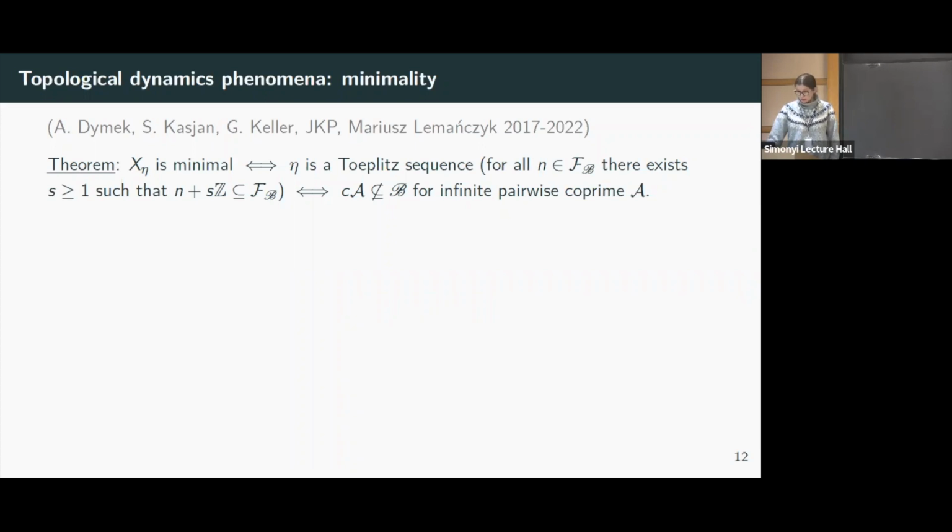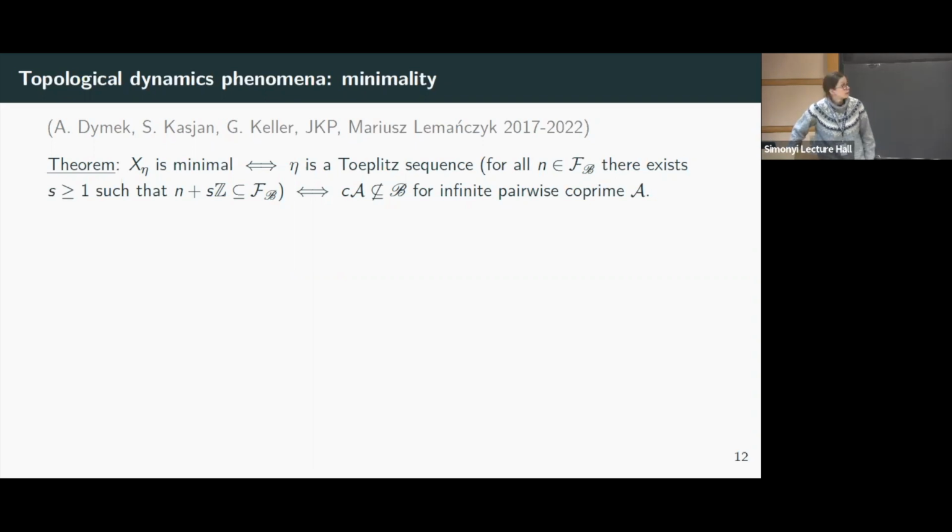And there is one more condition here. X_eta is minimal if and only if B does not contain a scaled copy of an infinite pairwise coprime subset. So in terms of the set B, this also shows you that minimality and proximality are kind of far from each other with a similar formulation.